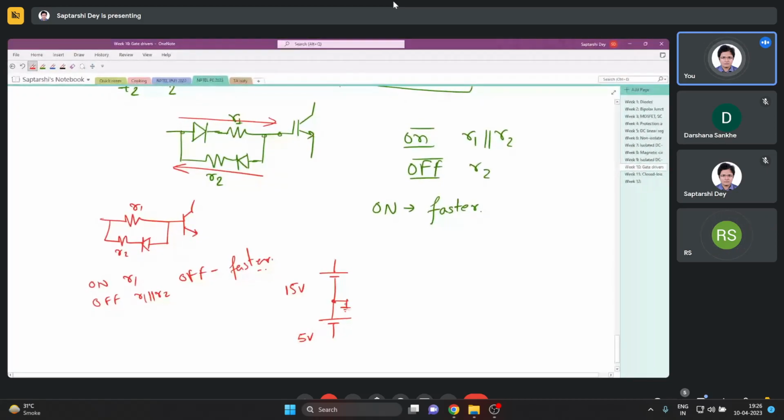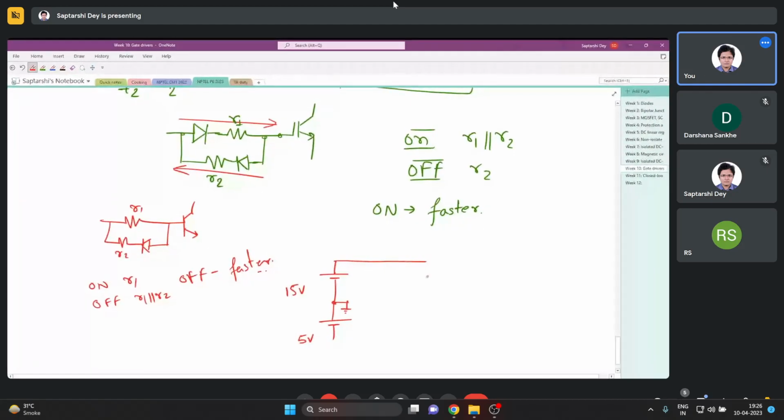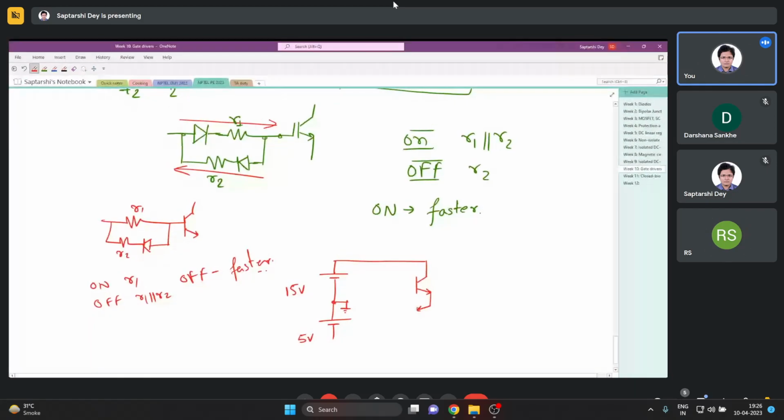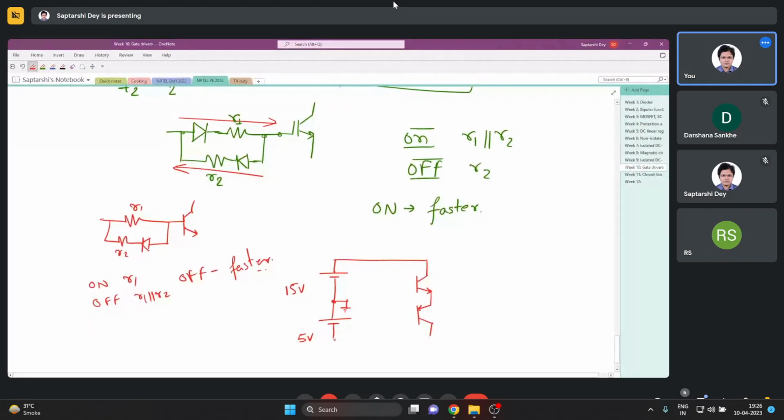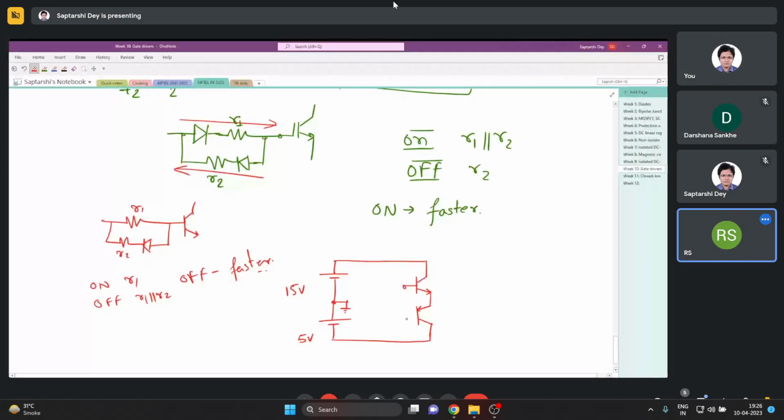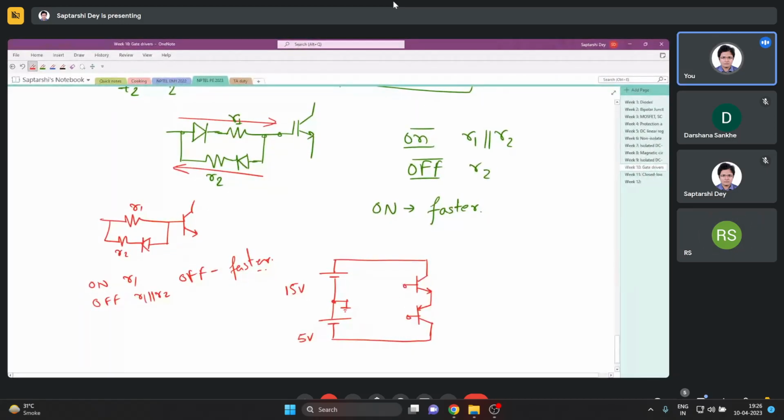It's a common ground, and you have a totem pole like this.